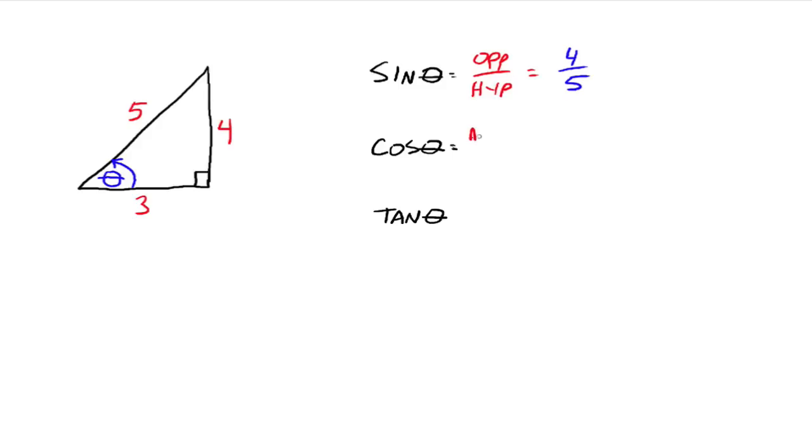Cosine theta is adjacent over hypotenuse, so cosine of theta is 3/5, because 3 is what's adjacent to your angle. Tangent of theta is opposite over adjacent: the side opposite the angle is 4, and the side adjacent to the angle is 3. Once you know those three, you can get the other three, cosecant, secant, and cotangent, if need be.